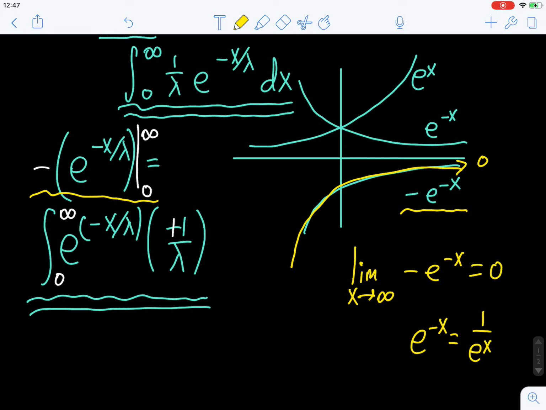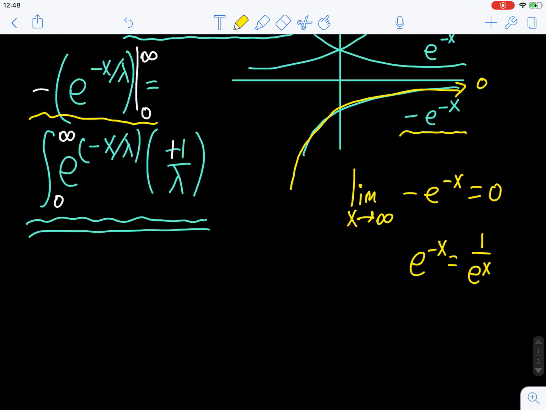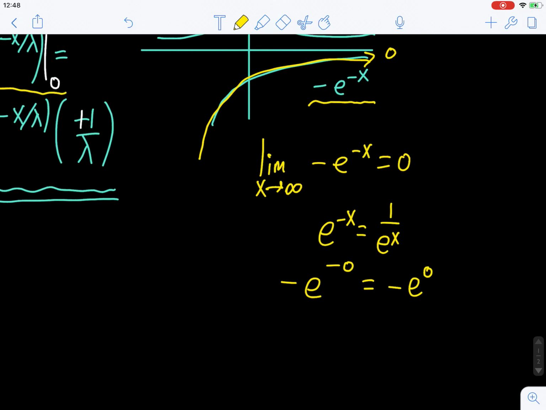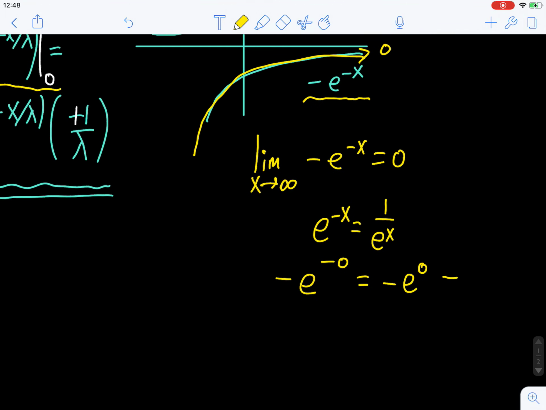And it approaches 0. Okay, what happens when we plug in 0? Then we'll get negative e to the negative 0, which is just negative e to the 0. But anything to the 0th power, as long as it's non-zero, would be 1. So we'll have negative 1.